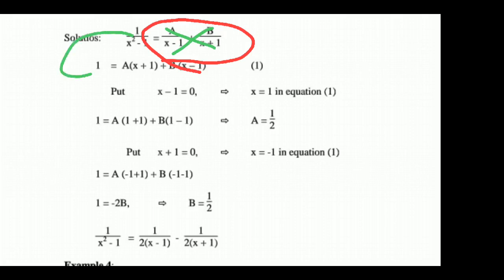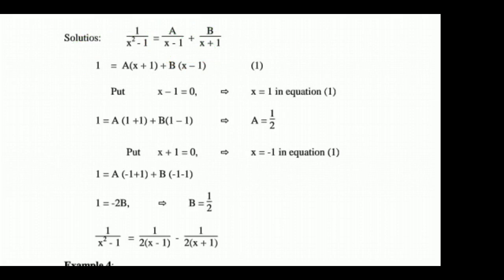Now this equation, assume it is equation number 1. Now as I already told, in the first problem, x minus 3 equal to 0 is one factor and x minus 4 equal to 0 is another factor, so put x equal to 3 and x equal to 4. Similarly here we have two factors: one is x minus 1, another one is x plus 1.